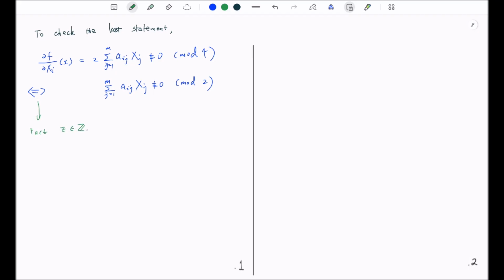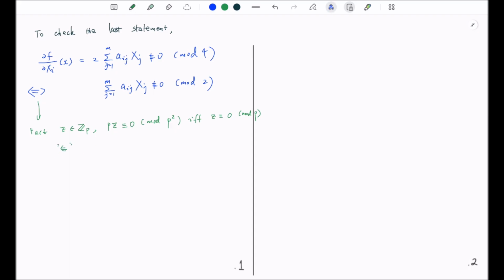For z in Zp, p times z is congruent to 0 mod p squared if and only if z is congruent to 0 mod p. This is easy to check.